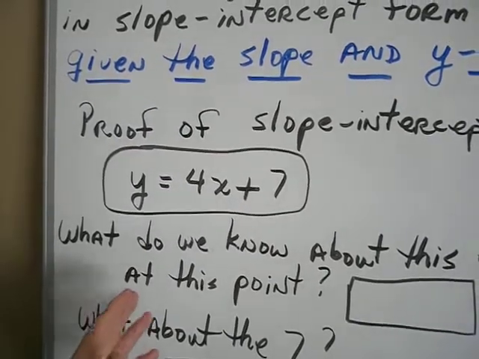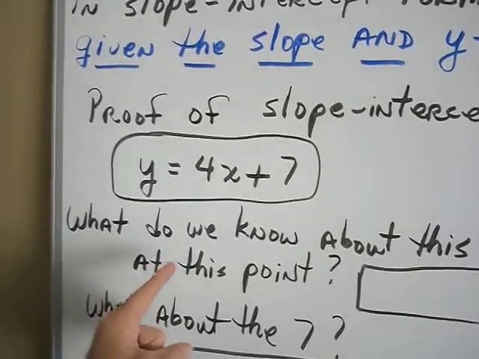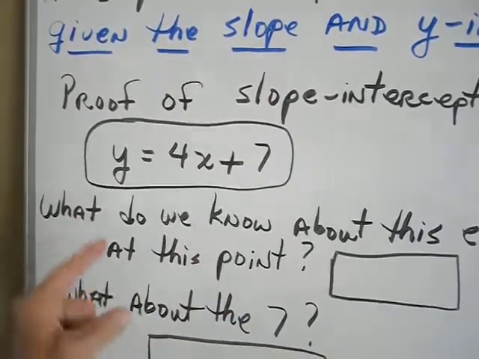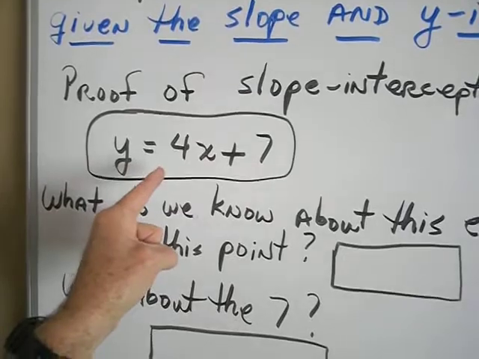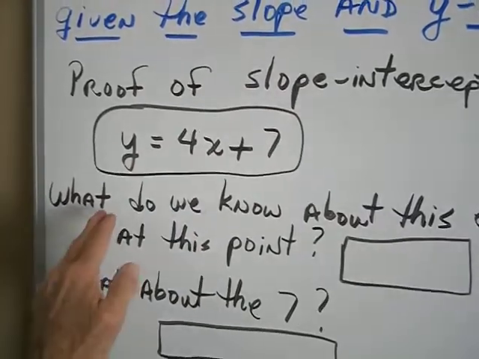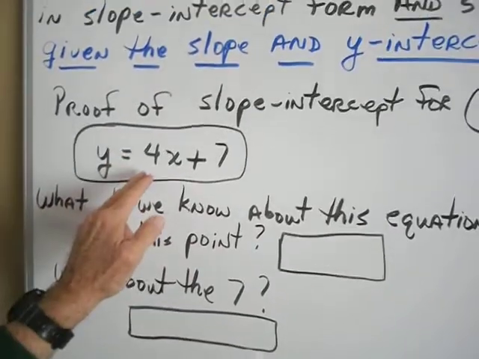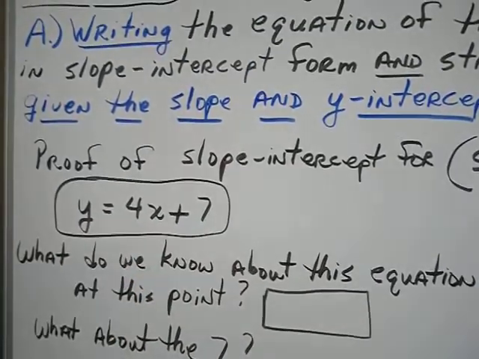If I were in the room right now, I would ask you, based on what we just learned in 4.3, what can you tell me right now about this equation? What do we know about this equation at this point of Chapter 4?